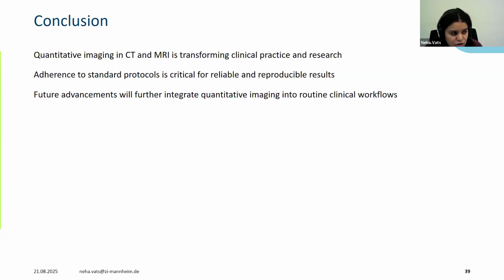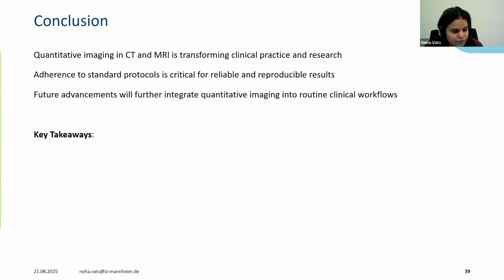So many radiologists were reluctant at the beginning, but nowadays I see many radiologists focusing on that. Recently I was at an event with Siemens, and their radiologists were urging Siemens to introduce these quantitative imaging parameters inside the software tool, so that with one click they can also get these quantitative maps. That shows that they also see these quantitative imaging maps being helpful in their tumor diagnosis and in their treatment.